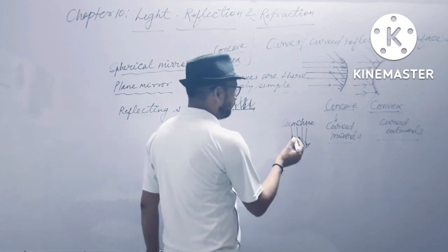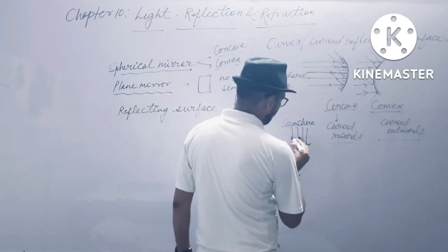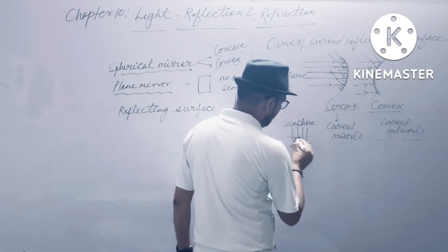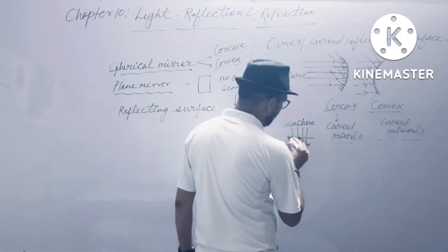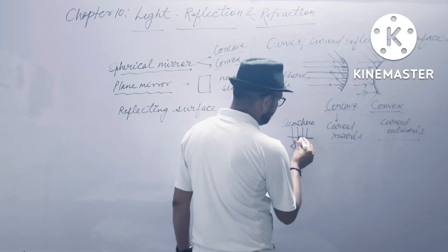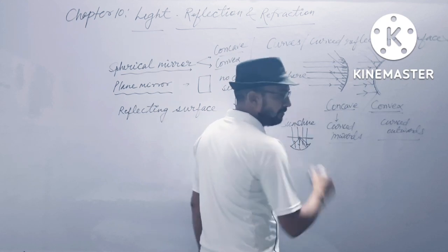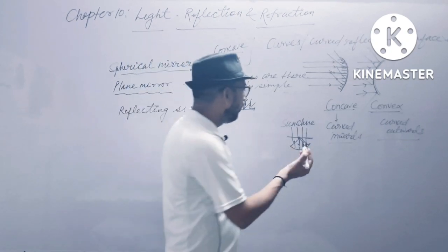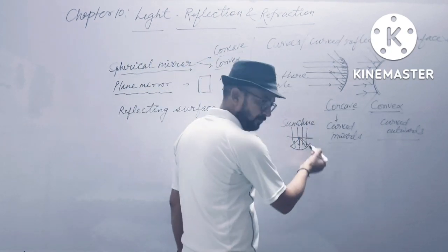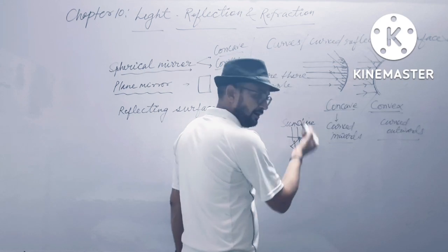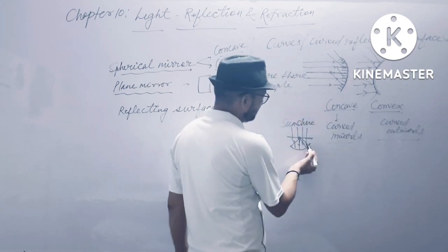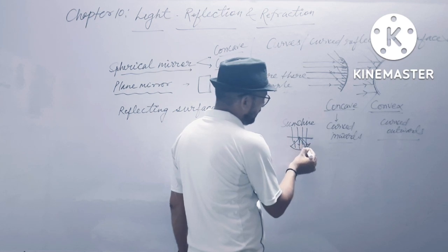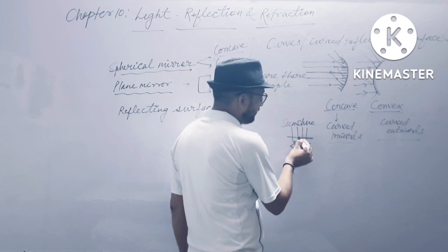If you put a piece of paper where this point falls, the paper will start burning after some time. Why? Because all the rays of the sun after getting reflected are merged at one point.